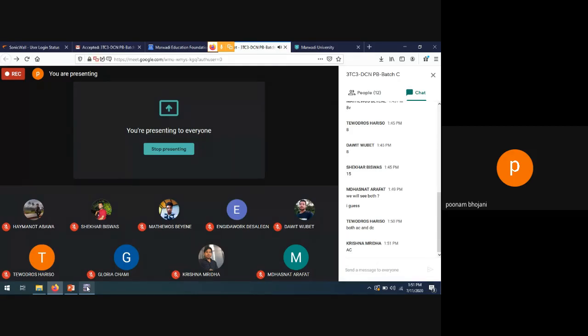Krishna and Shekhar, what will be the voltage level of the AC voltage? Okay, Shekhar is saying that 6. Okay, fine. So both the voltage values will be multiplied. But whenever AC and DC both are multiplied, let me tell you what will happen.